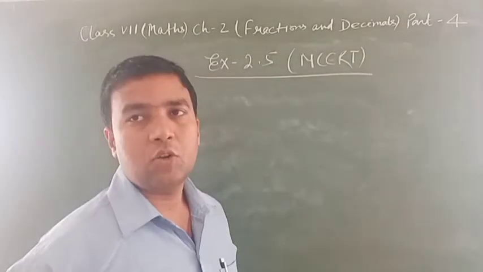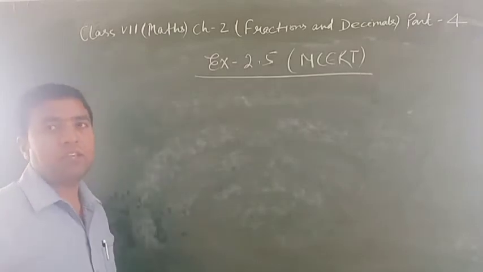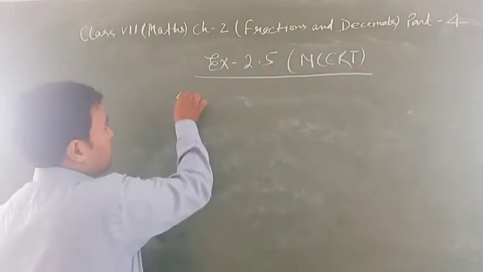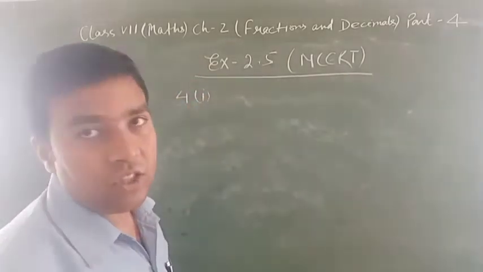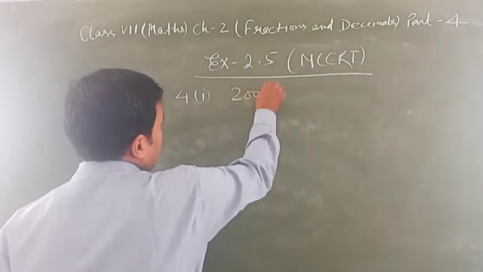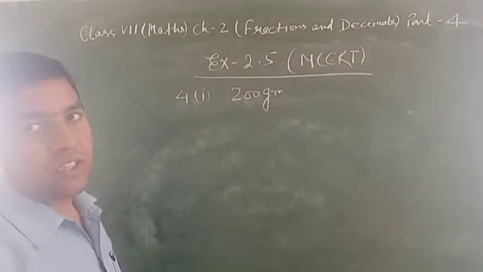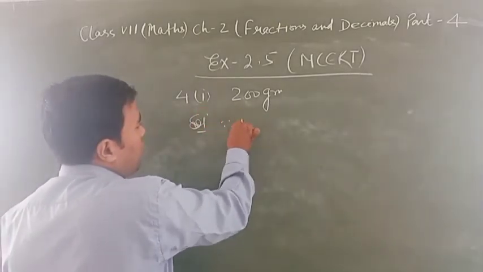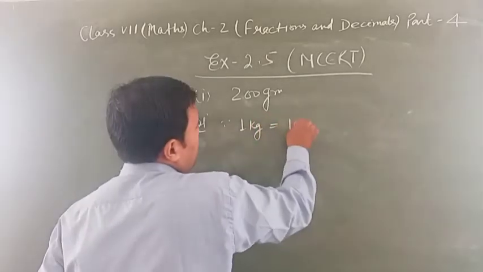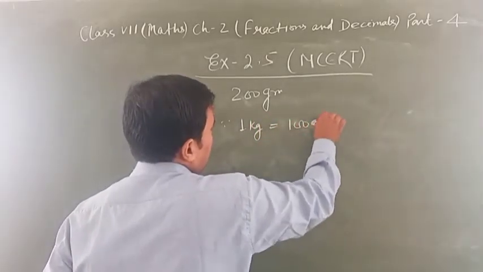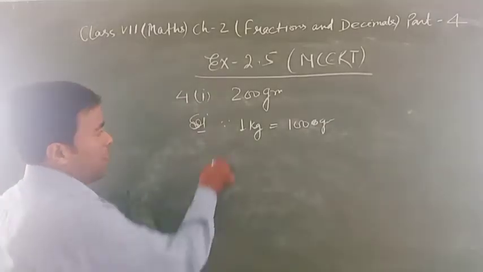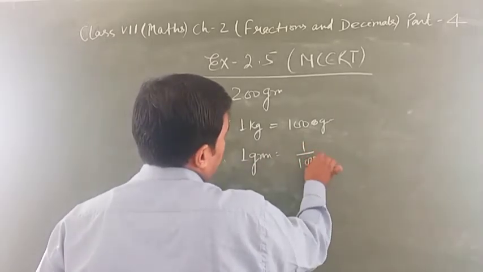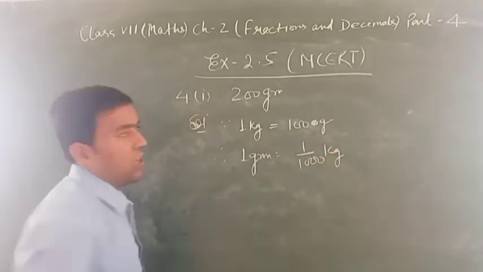Note down. Question number 4. Express in kilogram. 200 gram, change in kilogram. Solution: 1 kilogram equals 1000 gram, therefore 1 gram equals 1 upon 1000 kilogram.